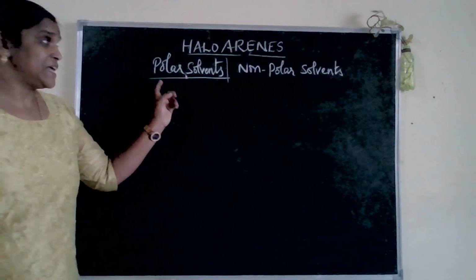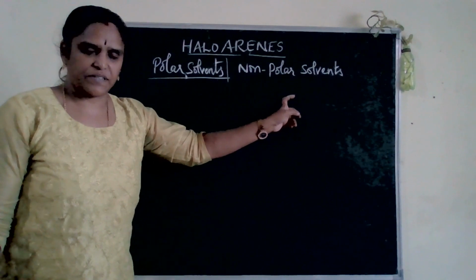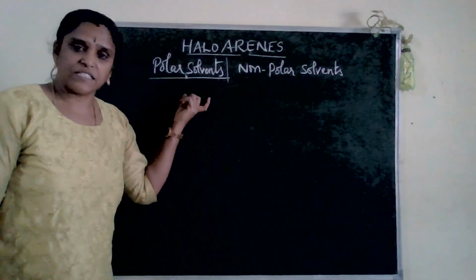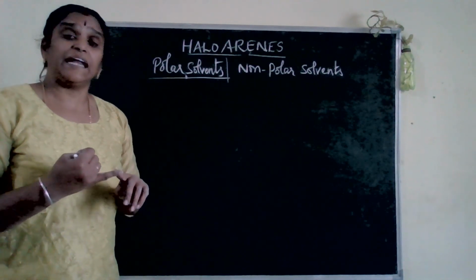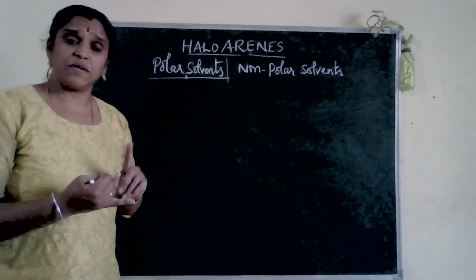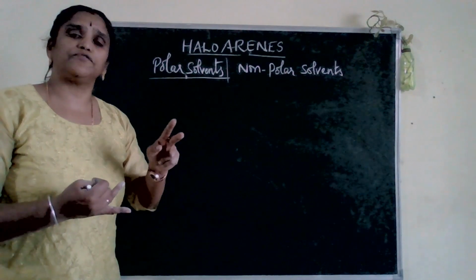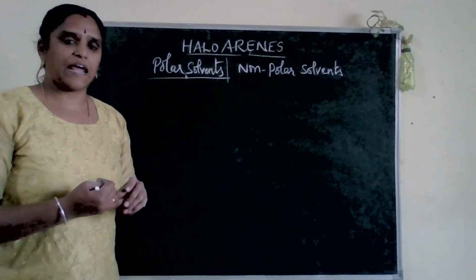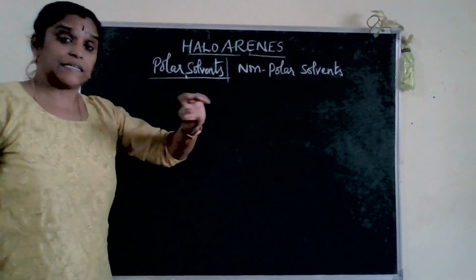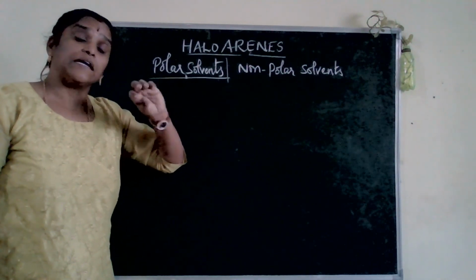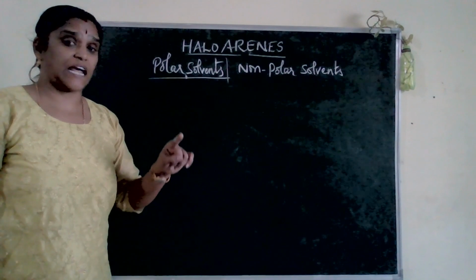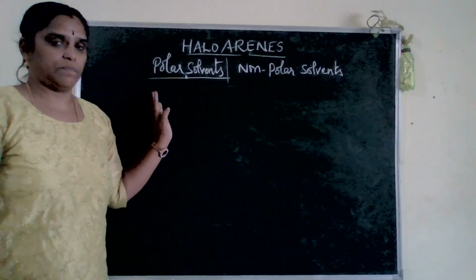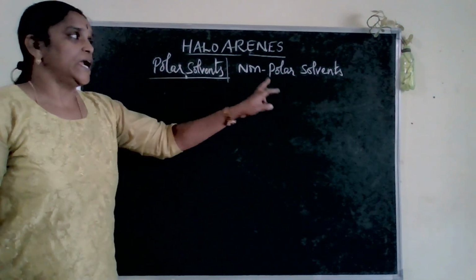Now, we are going to see polar and non-polar solvents. Polar solvents have large dipole moments. That is the first point. There is a difference in electronegativity between the atoms, like oxygen and hydrogen, one more electronegative and one less.